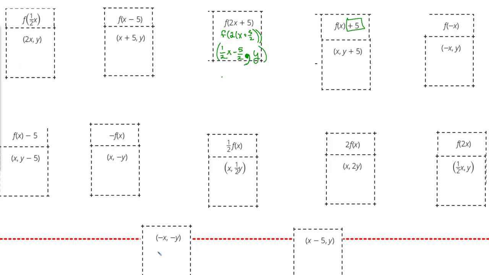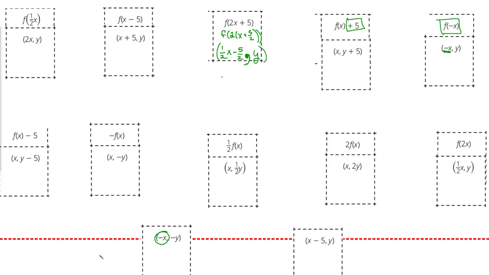So let's see if we can come up with a function that would match this one. So this negative X, what are we going to need to do to get that negative X created? Here's a negative X. What did we do to get that? What was going on in the original?